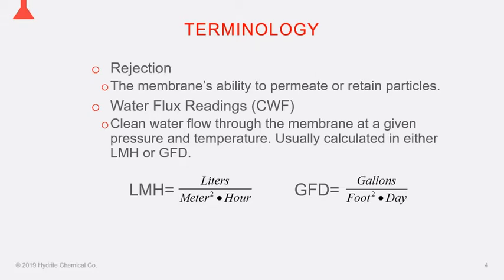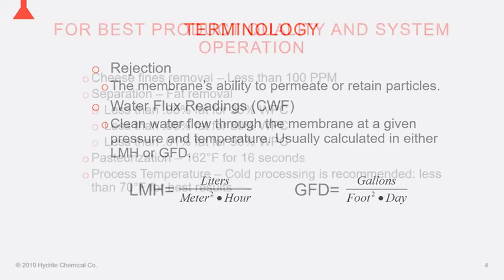The first one is liters per square meter, so we're looking at the square meters of the element and its ability to pass liquid per hour, and also gallons per day per square foot is the other one. So liters per square meter per hour or gallons per day per square foot. Primary measurements of permeate flow.